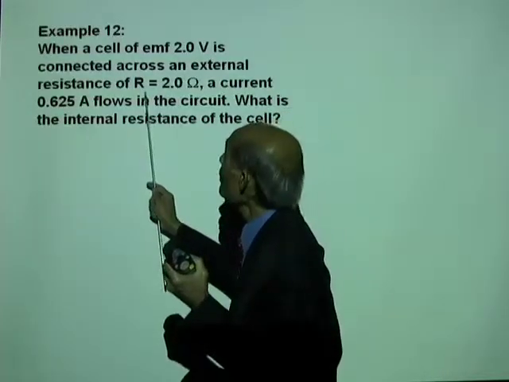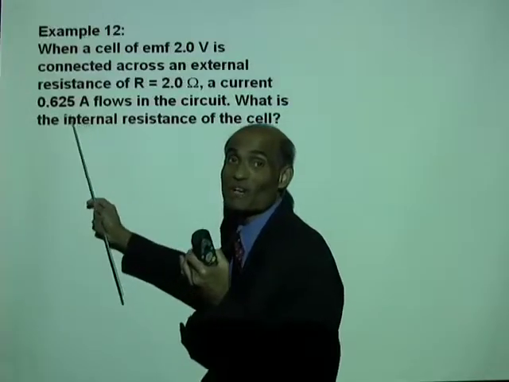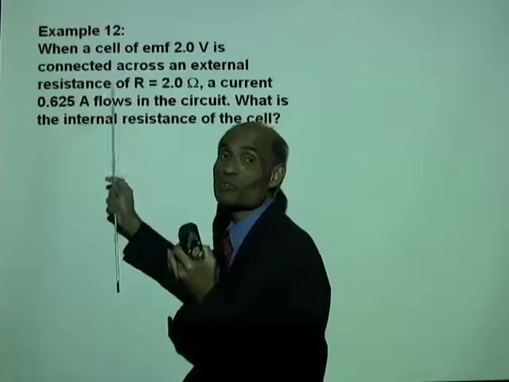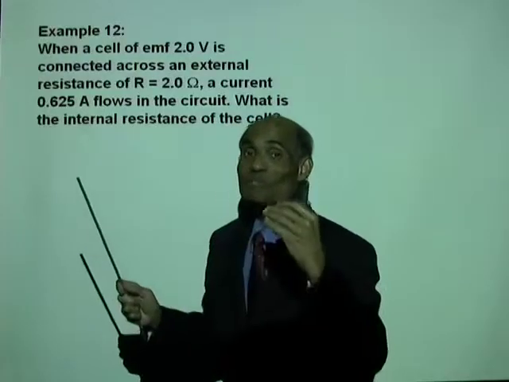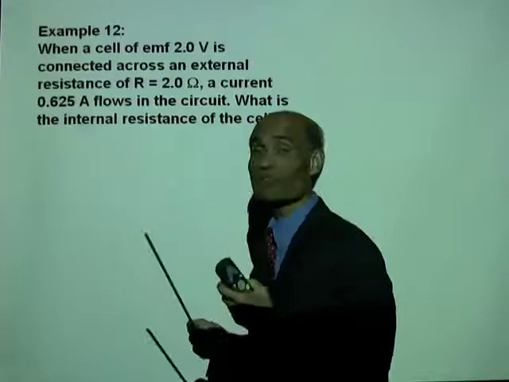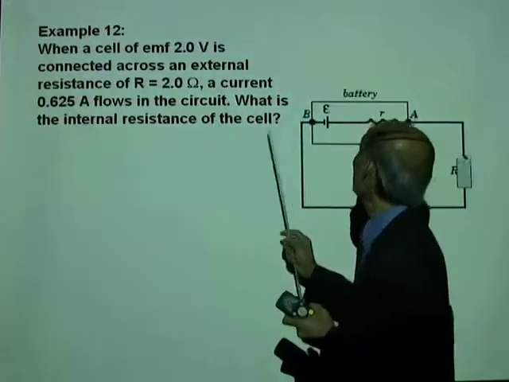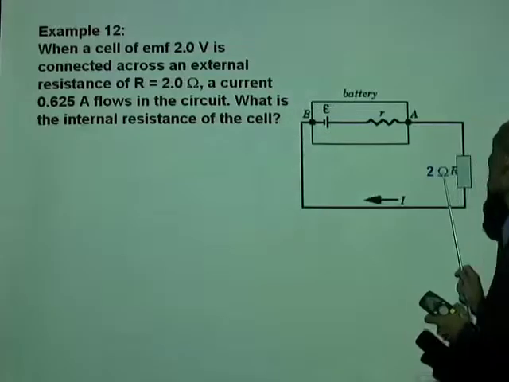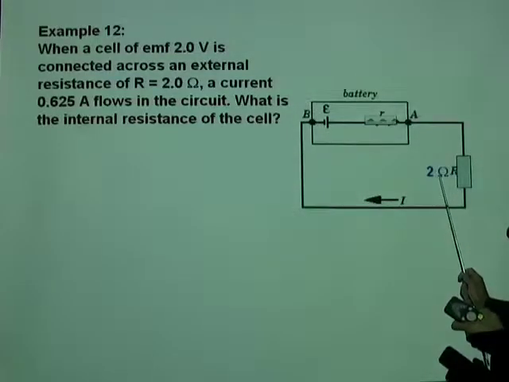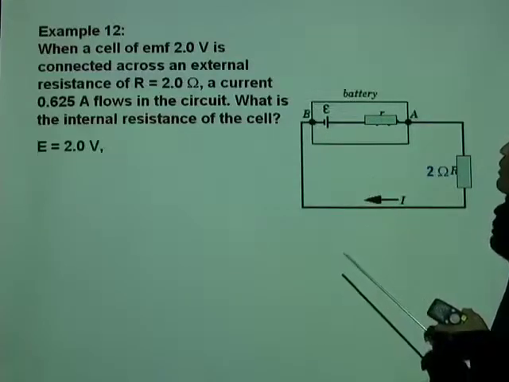Well, we know the external resistor, and we know the current in the external resistor. Can you use those values to find the potential difference? Yes. And those are the only quantities that we need. Here we have an external resistor of 2 ohm and an unknown internal resistance r.